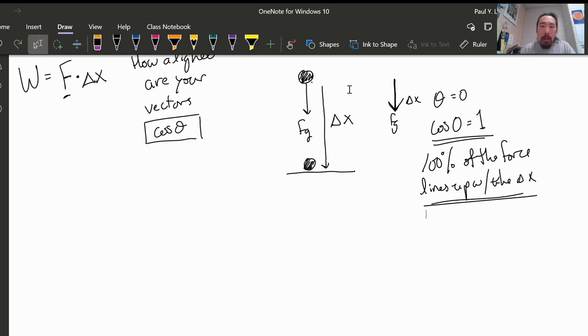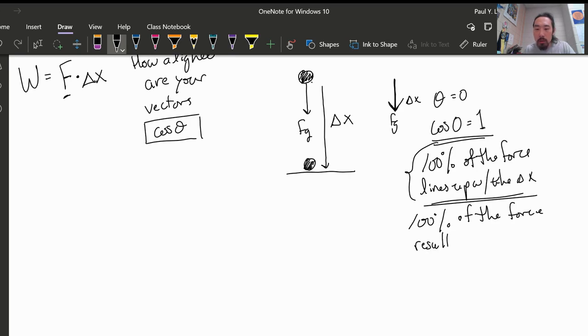It describes how aligned things are. So what this statement tells us in terms of work energy is that 100% of the force results in a change of energy. Because remember, work is adding energy to the system or taking away energy from the system.